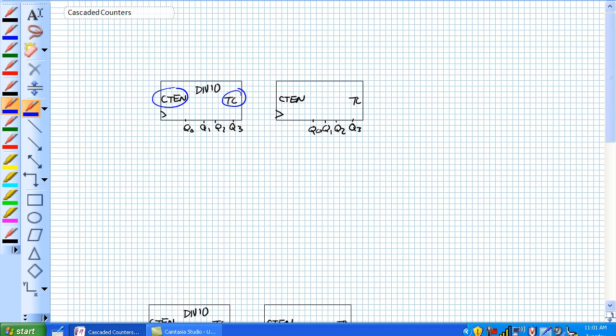Okay, so this right here is the low order, and this is the high order in our counter configuration. When a counter is enabled, it's allowed to count. That's what the count enable does. The terminal count, also called TC, also called ripple count out, and in some cases max/min in the case of an up-down counter, is the same thing.